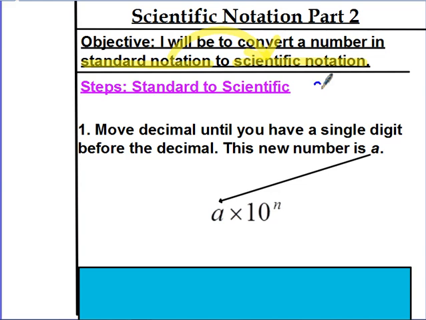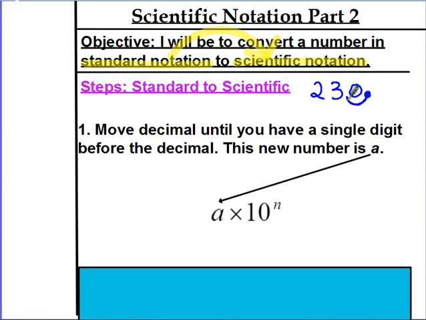Let's say I had the number 230. That's written in standard decimal notation. Our decimal point is at the end of the number. So my first step would be to move that decimal until I have only one digit to the left of the decimal point. Right now, as it starts out, I have 3 numbers to the left.